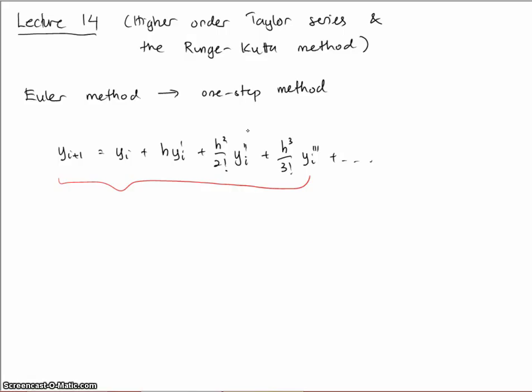Theoretically, you would have higher order accurate solutions compared to the Euler method. But this would require knowledge of y_i prime, y_i double prime, and y_i triple prime, and this can pose a problem, which I'll show you from an example.